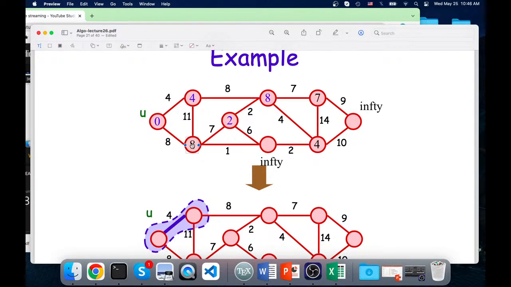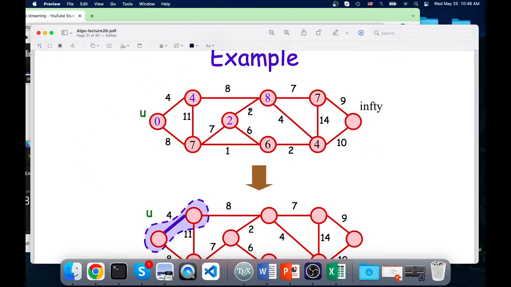Previously, this node is connected to the source with a distance of 8. But now, as the source now includes this node here, there is a better way to connect this node. So we just need 7 to connect this one. Previously, this node is infinity, right? But here, we are now making it better. So we can connect this node to the source with a distance of 6 only. So in that case, we will update it as 6.